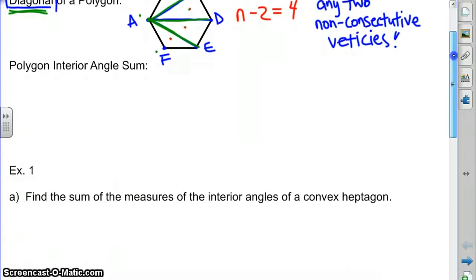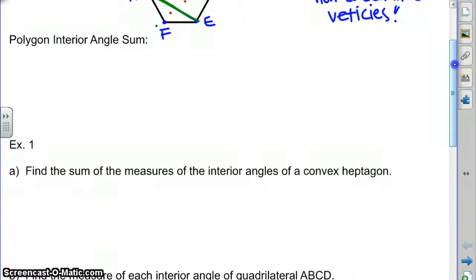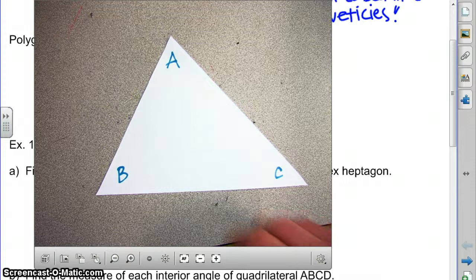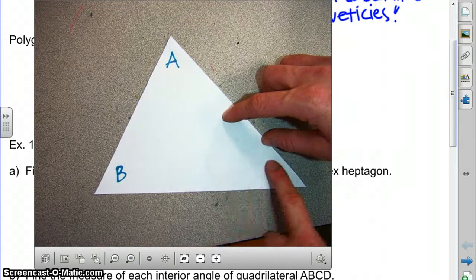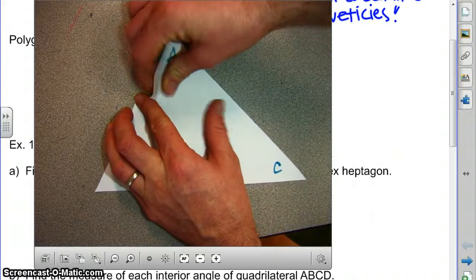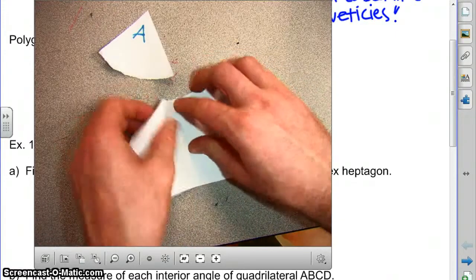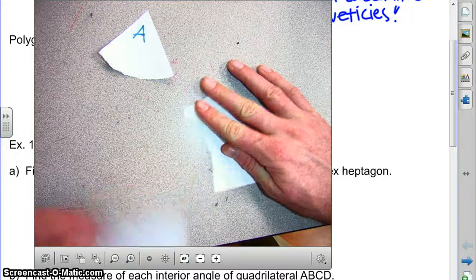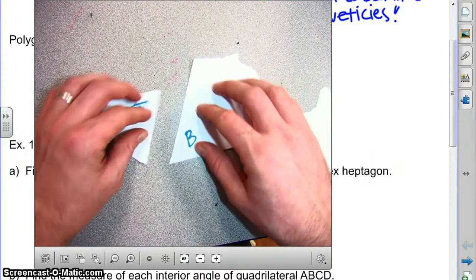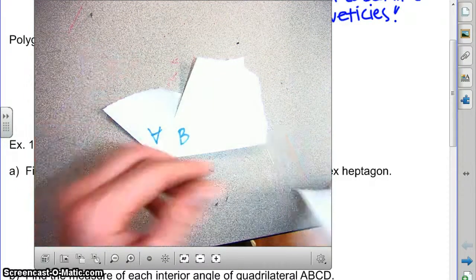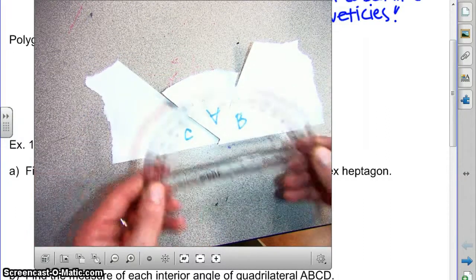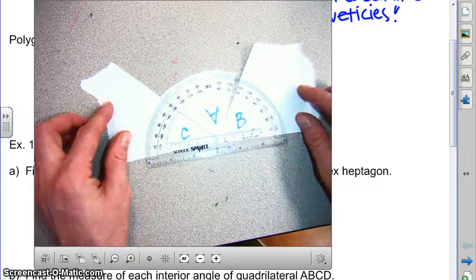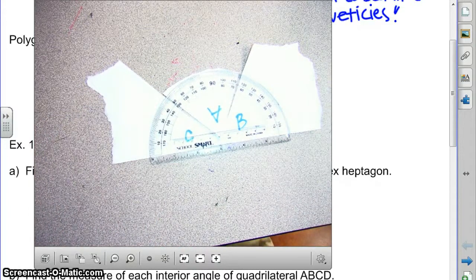This leads us to an interesting conclusion about the interior angles of a polygon. If you remember from our recent study of triangles, if I add up all of the angles of a triangle, A, B, and C, I will actually get 180 degrees. So I could do this by tearing off my angles and placing them in an orientation where I could see that all three angles add to be 180 degrees.